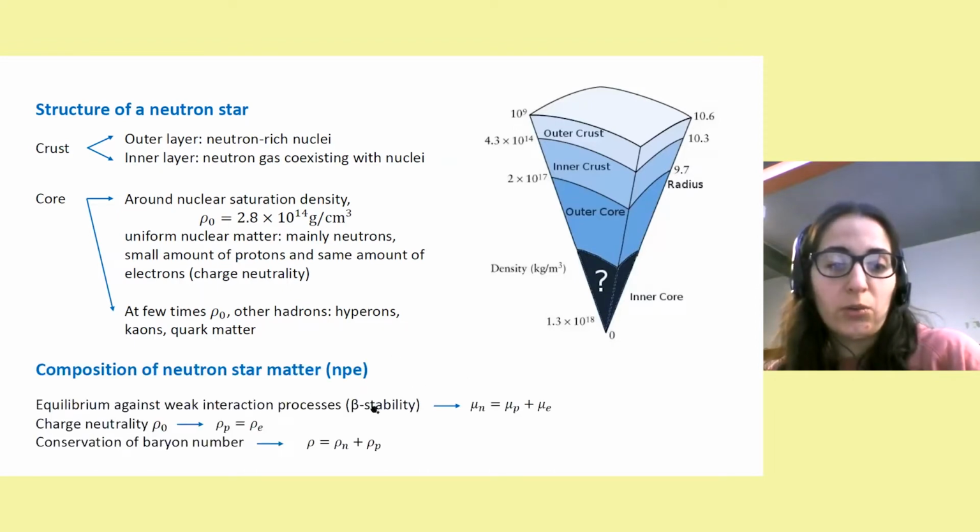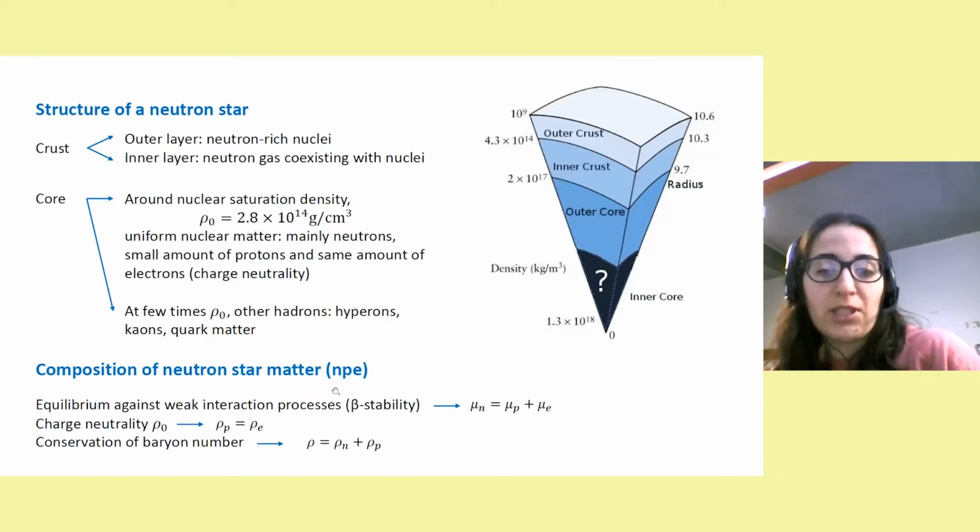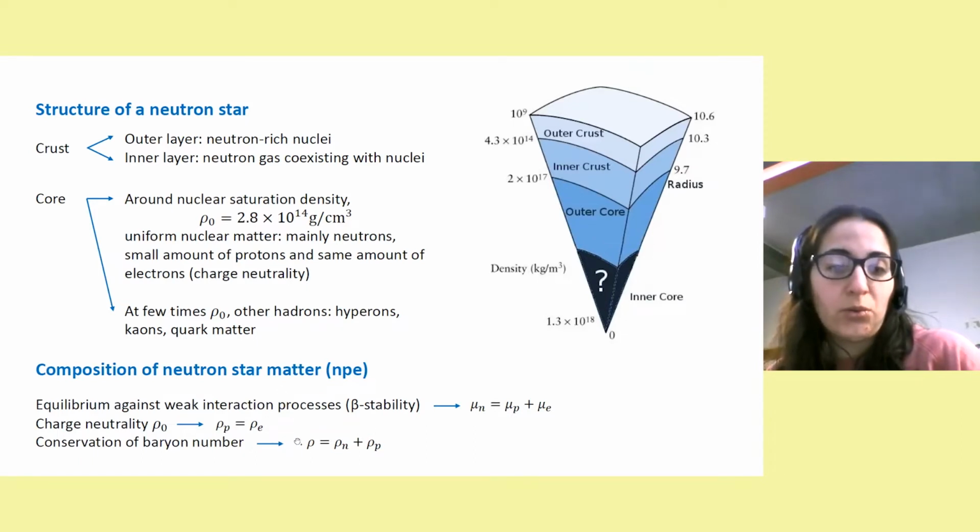So in order to determine the composition of the neutron star matter, we saw that, for example, in the case that we consider that we are in the outer crust and we have a matter composed of neutrons, protons, and electrons, then in order to determine the fractions of each of these components, we saw that we need to impose some restrictions. One of these is the equilibrium against weak interaction processes. This is what we call beta stability.